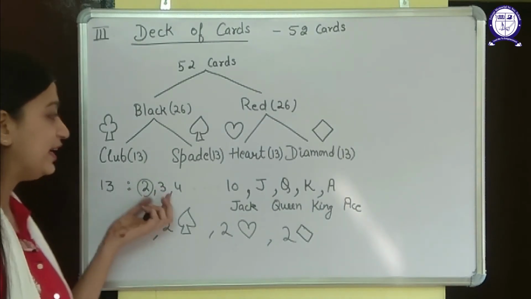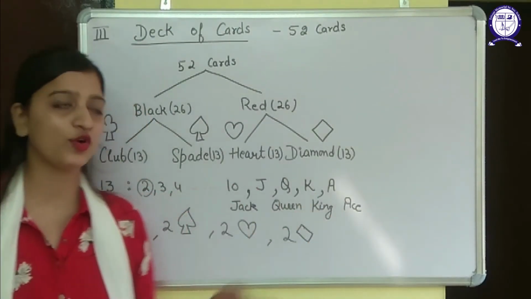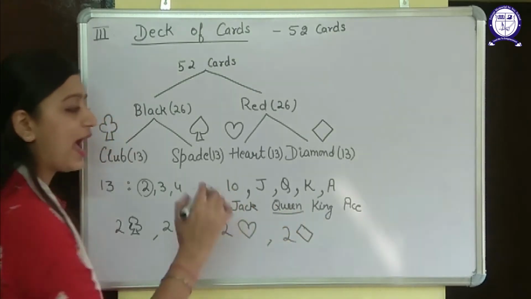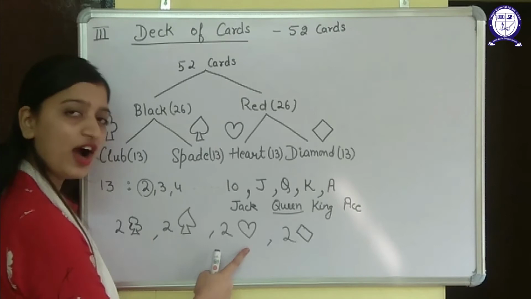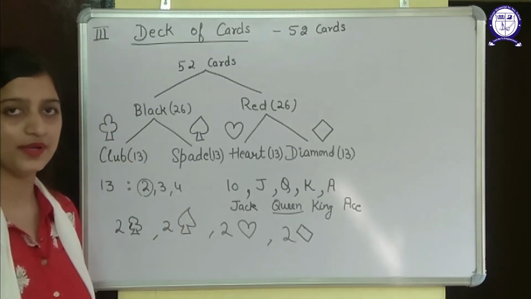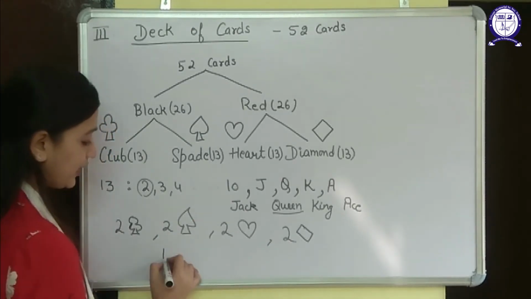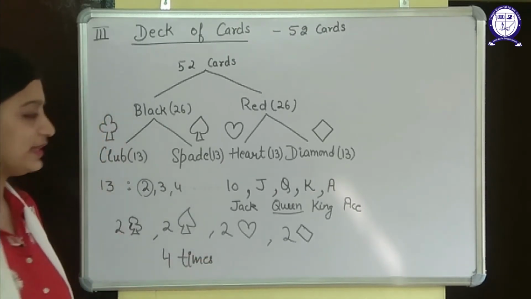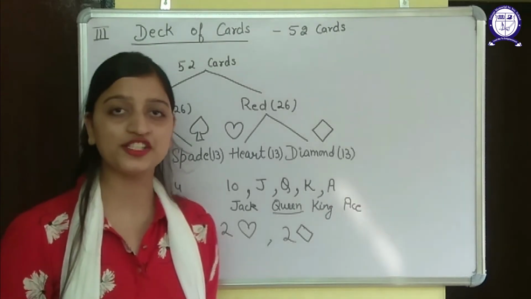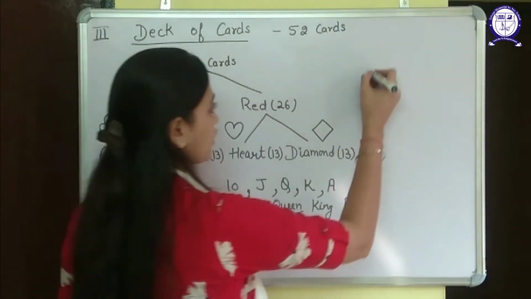Similarly, each card is repeated 4 times. If I talk about queen, I will have queen of club, queen of spade, queen of hearts, and queen of diamond. So each card is repeated 4 times. Now in these cards, there are some special categories.